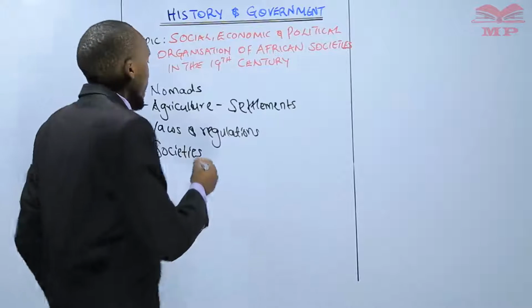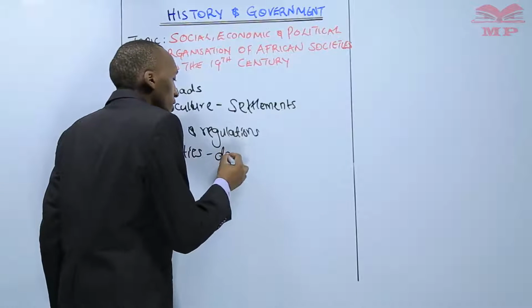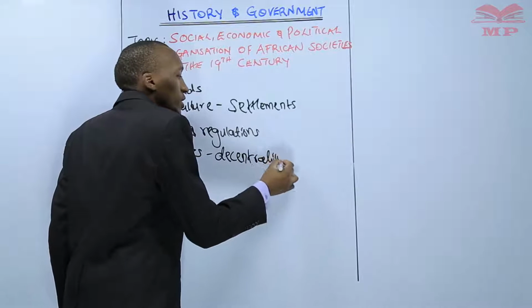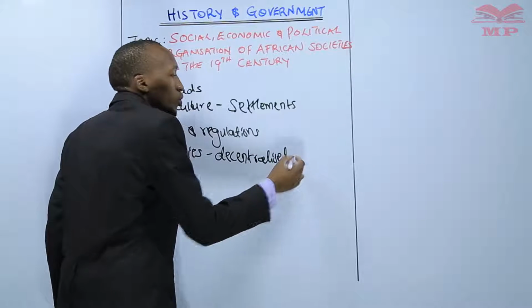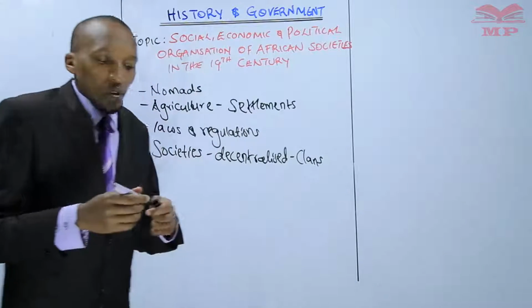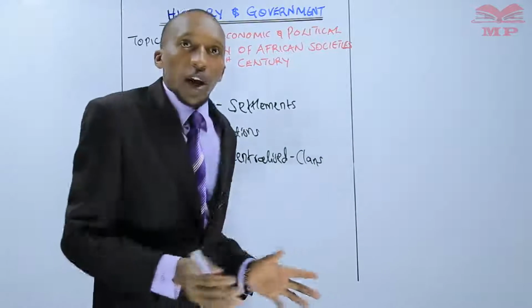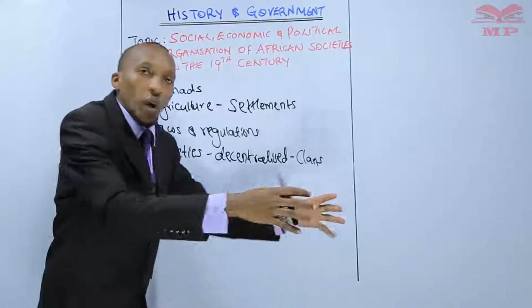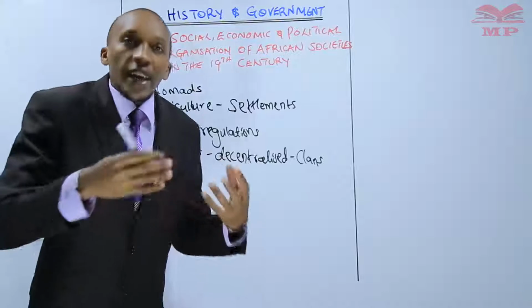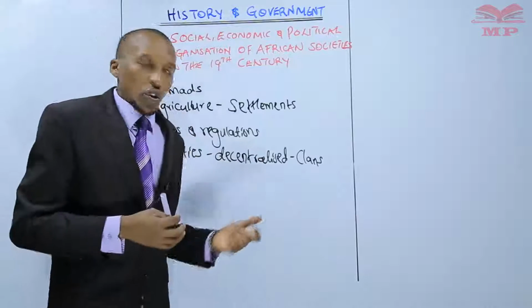Most of them had a decentralized system of government based on the clans. People who were related to one another could live in one area, with a clan elder making decisions for them.